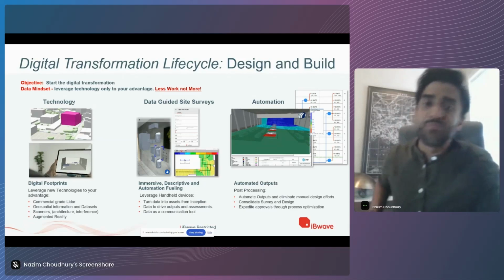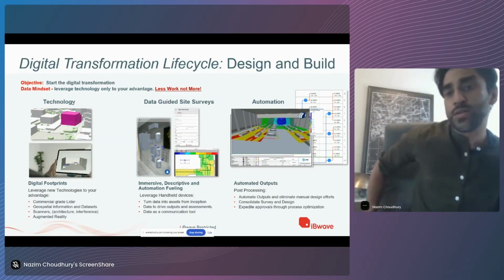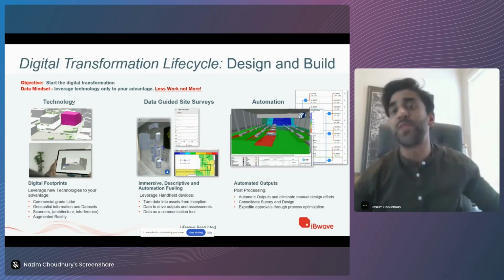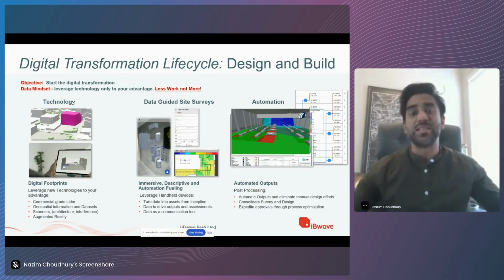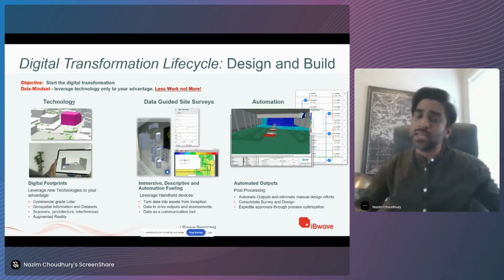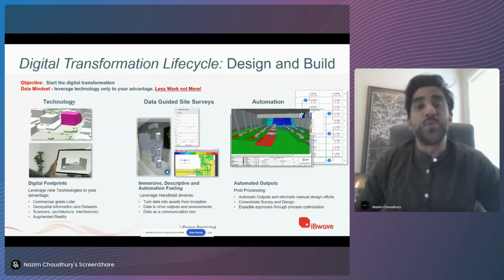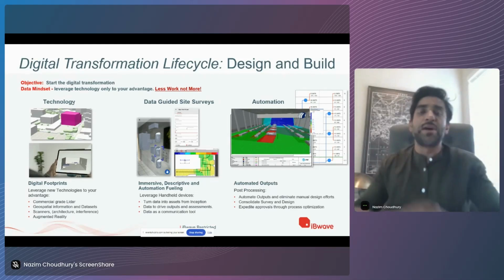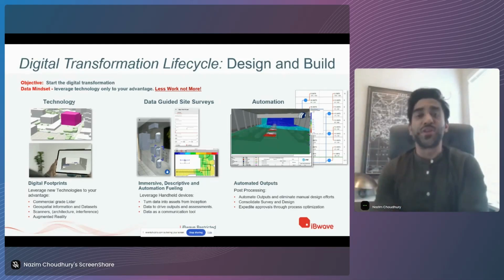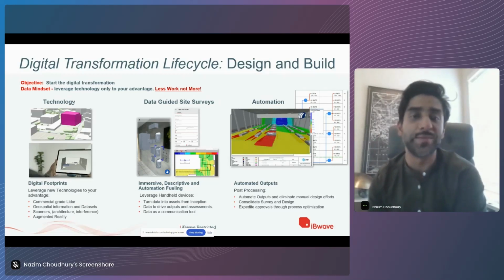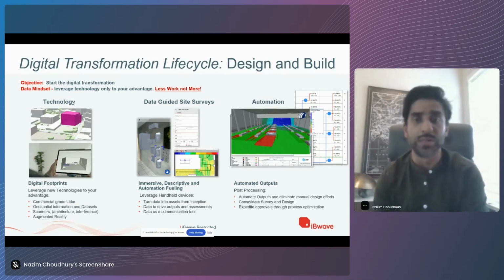So again, different attributes and characteristics of different wall materials, or if you have heavy machinery, how that's going to impact your wireless signal as well. So again, it's also about leveraging digital twin technology to support what you're doing in the survey. So it's not about spending all this upfront work to create a digital environment. It's about leveraging this digital environment to help you guide your surveys as well.